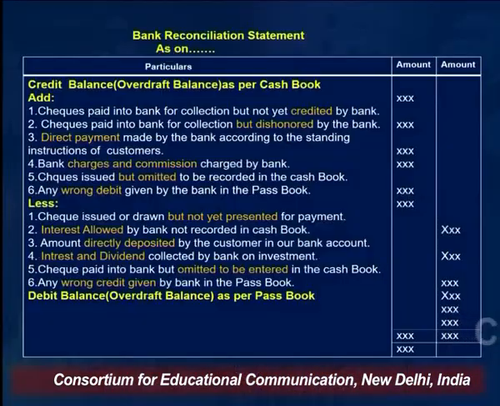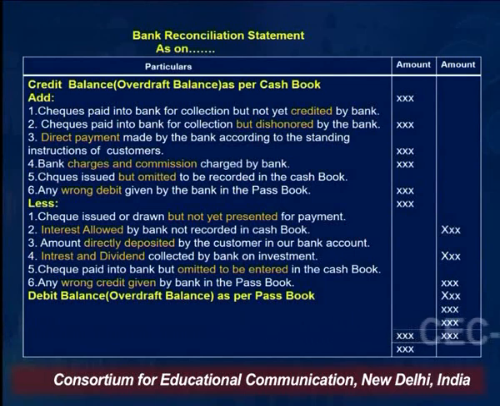So here is the bank reconciliation statement format. We are starting the statement with the credit balance as per cash book. Remember, credit balance as per cash book means this is an overdraft balance, or negative balance. Since we have to reach the balance as per passbook, do whatever has been done in the passbook.